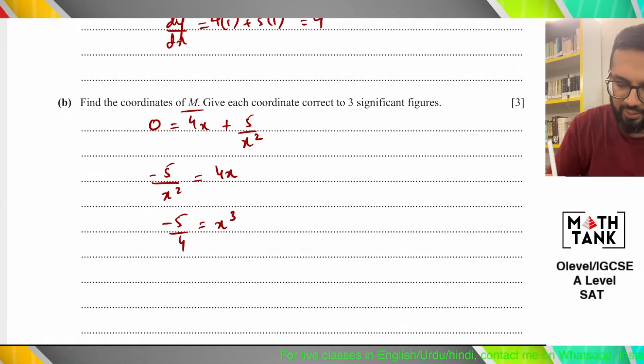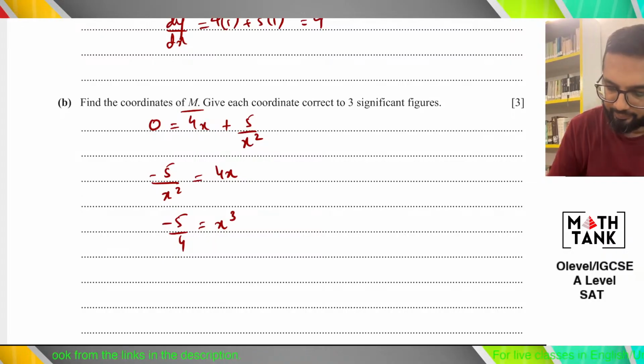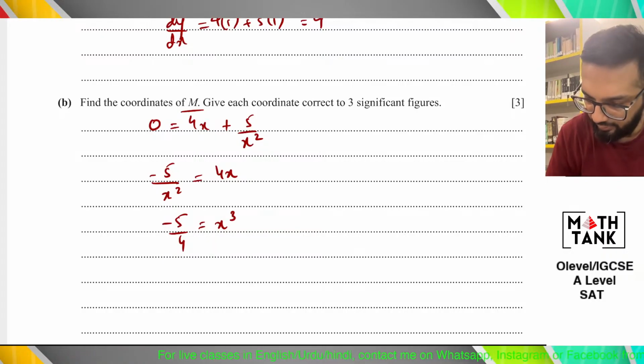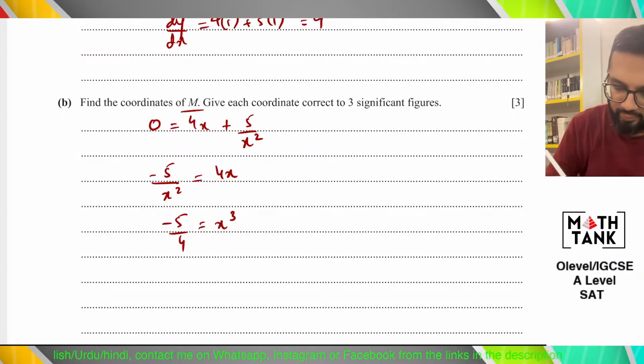So x equals the cube root of minus 5 over 4. That gives me x equals minus 1.08.